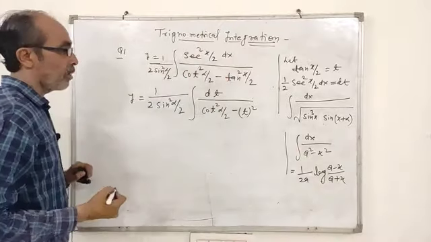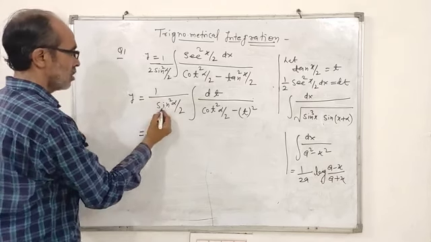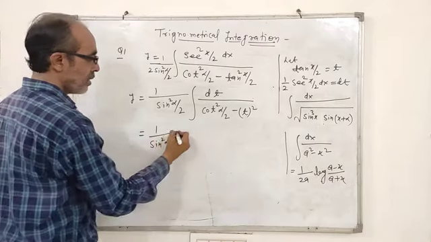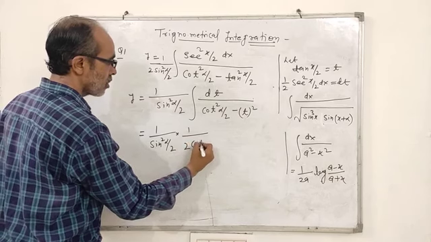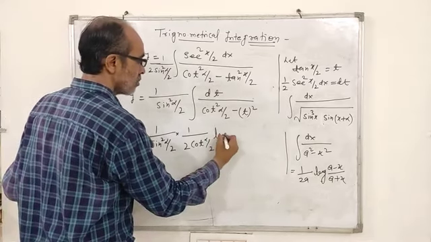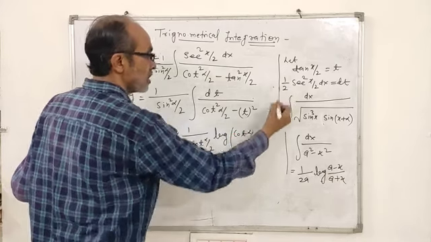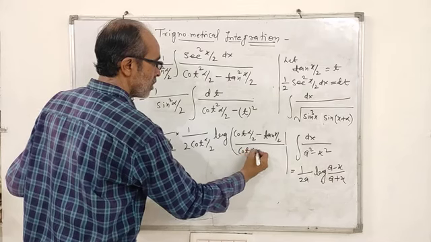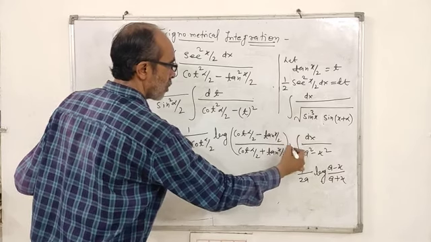Here a is cot alpha by 2, and the integral is 1 upon sin square alpha by 2, multiplied by 1 upon 2 times cot alpha by 2, and log of (cot alpha by 2 minus tan x by 2) divided by (cot alpha by 2 plus tan x by 2), plus constant c.